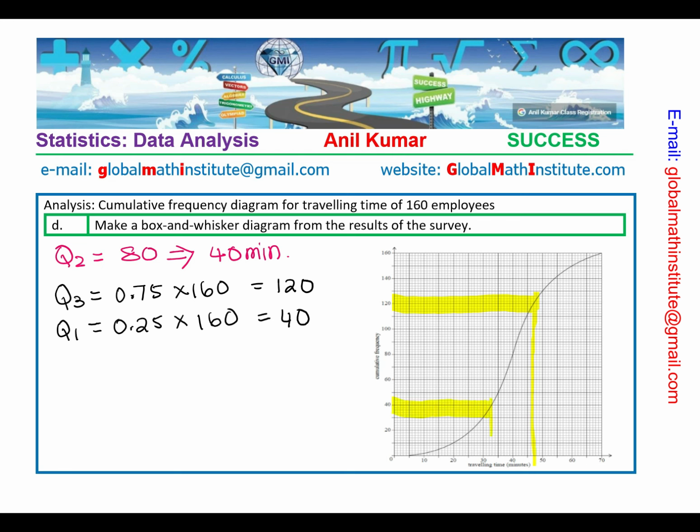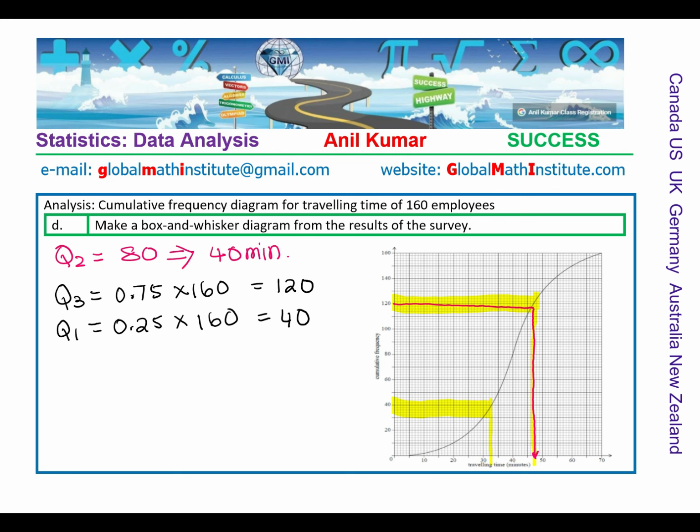Sorry, this graph is slightly not very easy to read since the values are very small, but I hope you're understanding the process. So for 120, let's go straight along that line, and it hits somewhere here, and we come down.